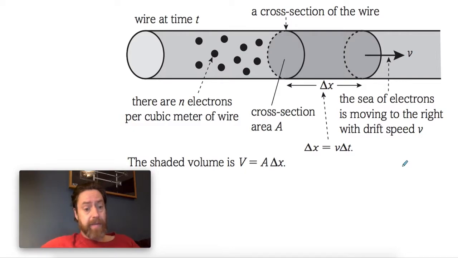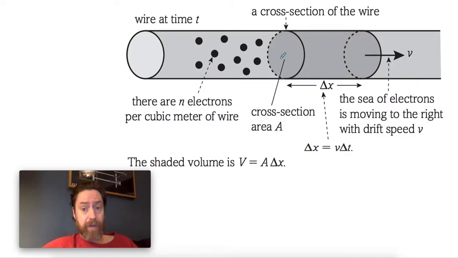Now, in a minute, we're going to try and work out what the current is. And if you remember, current is the amount of charge past a point in a second. Now, we could get that from this information because, in time t, all of these electrons here will have moved past this point, and the amount that will have moved past this point would be equal to the distance they've travelled in that time multiplied by the area of the wire.